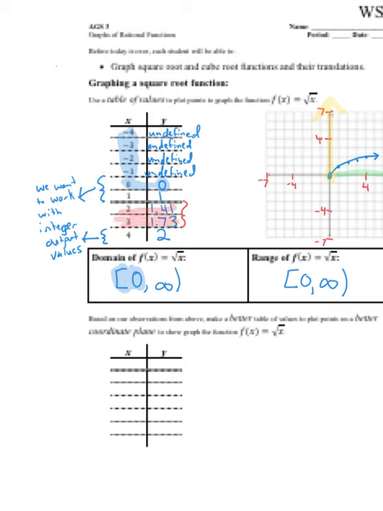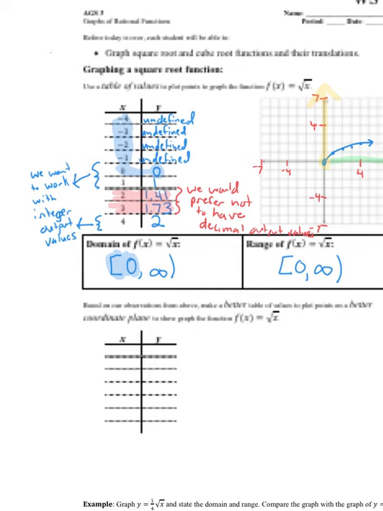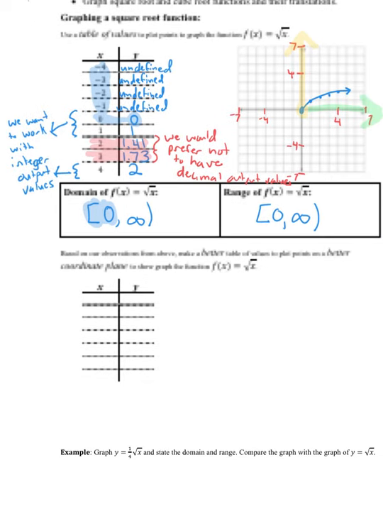We would prefer not to have decimal output values. It'll be easier to graph if we can find integer values for the inputs and integer values for the outputs. So when we're selecting our table, we want to choose some better numbers here.